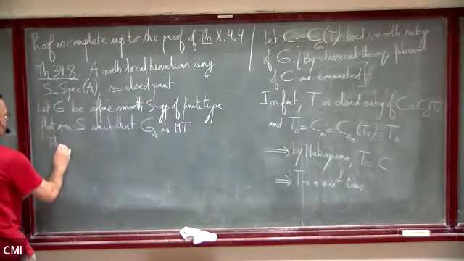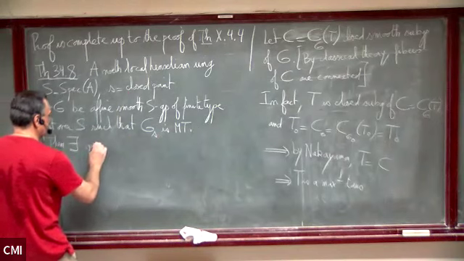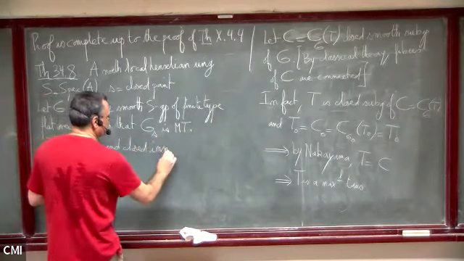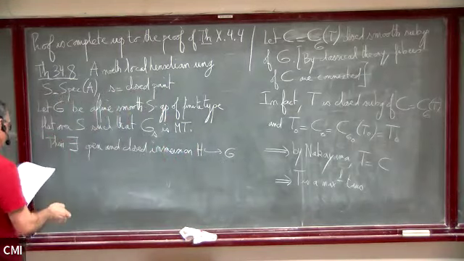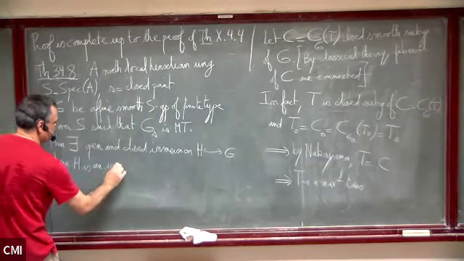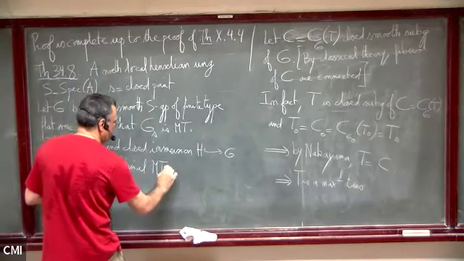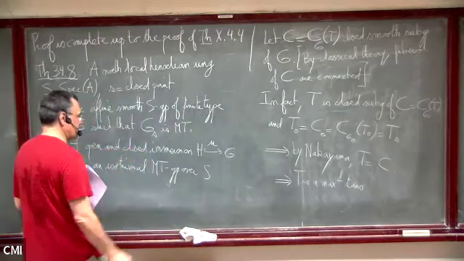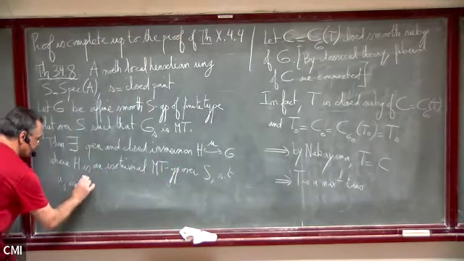Okay, then there exists an open and closed immersion H into G, where H is an isotrivial multiplicative group over S, such that H_s is an isomorphism.